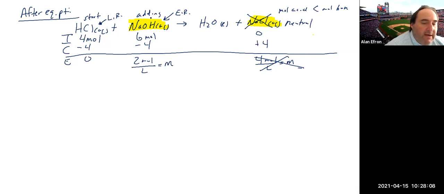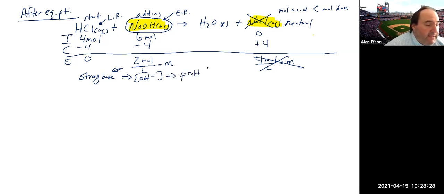What we essentially have here is a strong base that's left over. Because it's a strong base, that will give us our OH minus concentration. Once we have the OH minus concentration, we can first get the pOH, then subtract from 14 to get the pH at that point.